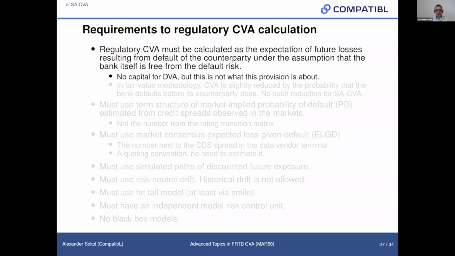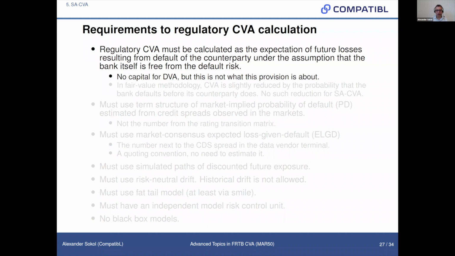The notion of including in your P&L some adjustment based on what happens after you default has been, to say the least, highly controversial. We would run out of time if I even summarized this discussion, let alone went in depth. But what we need to know here is that there is no DVA here.